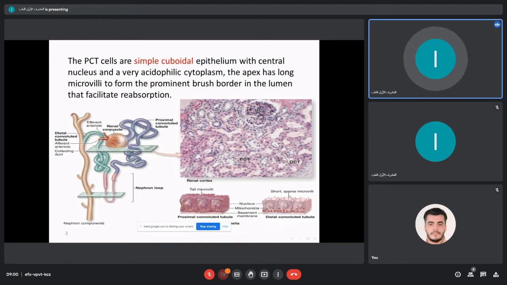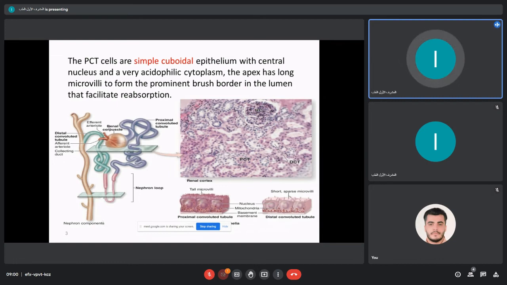The major function of this part is reabsorption and secretion. Reabsorption is very important because about 50% of the tubular reabsorption is carried out by the cells of the proximal convoluted tubules, including water, electrolytes, organic nutrients such as amino acids and glucose.